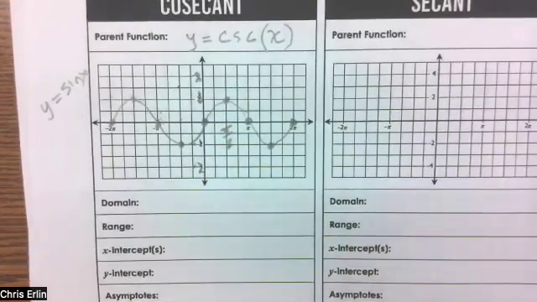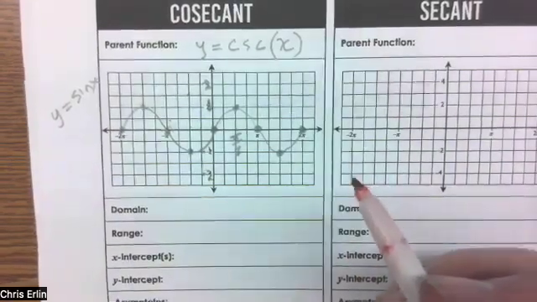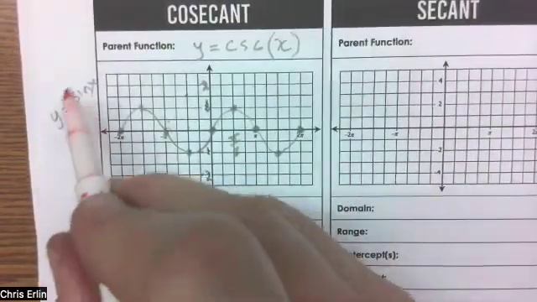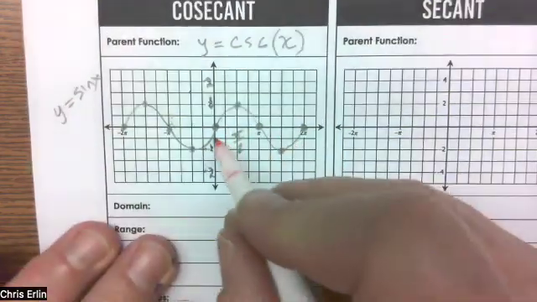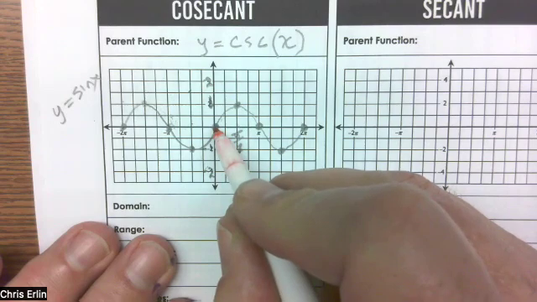Now, cosecant is how related to sine? 1 over sine. In other words, it's the y value that's 1 over sine. So here where we started at 0, what is 1 over 0? It's undefined.